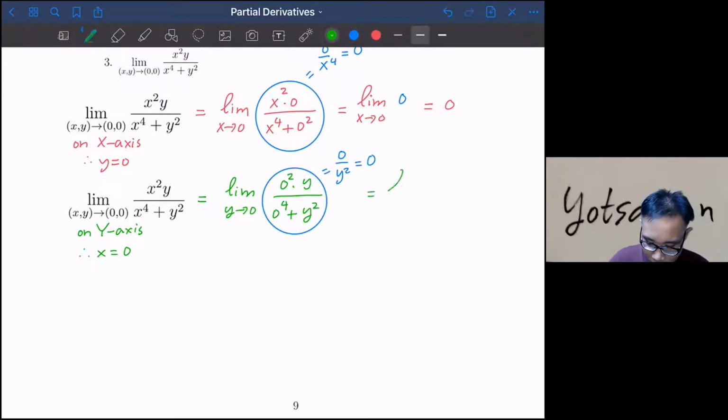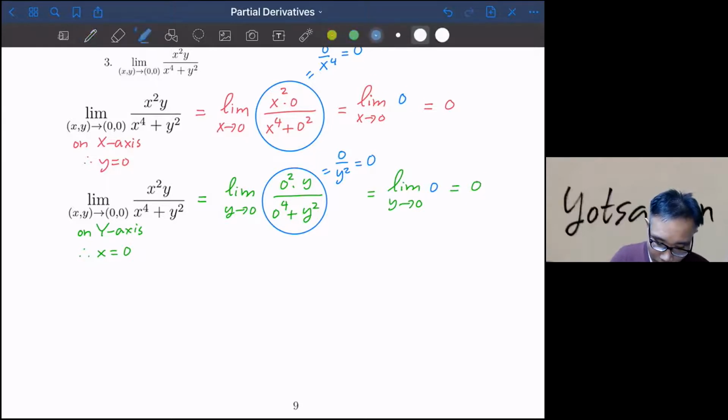So the limit as y goes to 0 turns out to be 0. So you have this limit equal to 0.